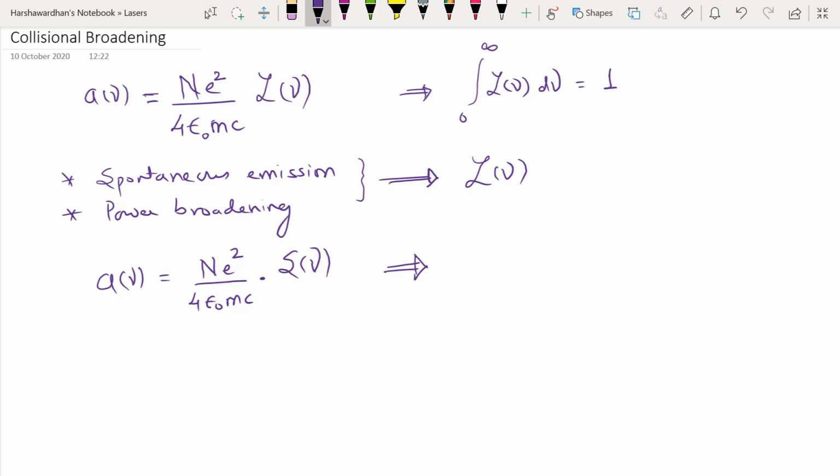For instance, we will look at Doppler broadening, which results in a Gaussian line shape in contrast to the Lorentzian line shape that we have seen until now. Again, the property of a line shape needs to be followed, which is that the area under the curve is normalized. That is, the integral of S of nu d nu would be 1.